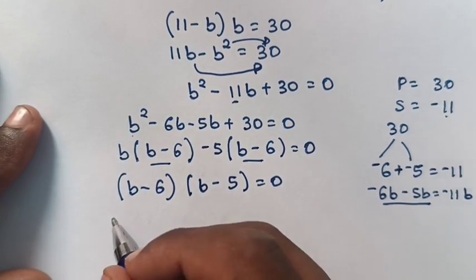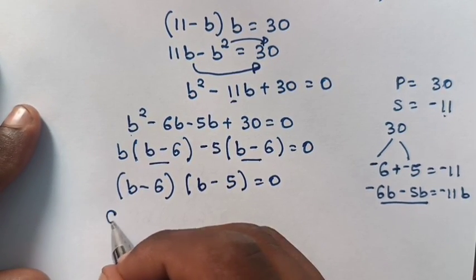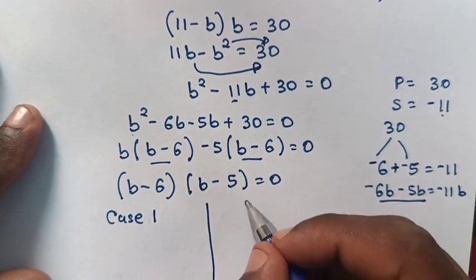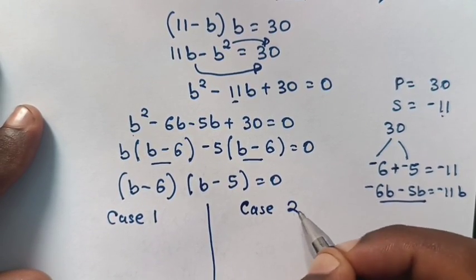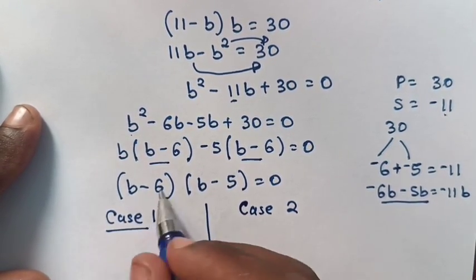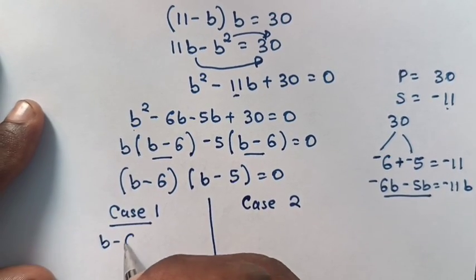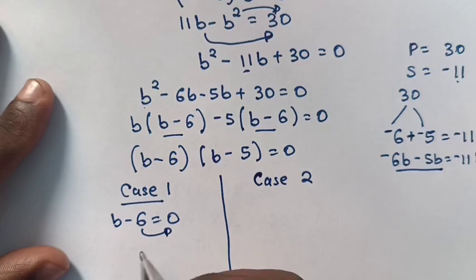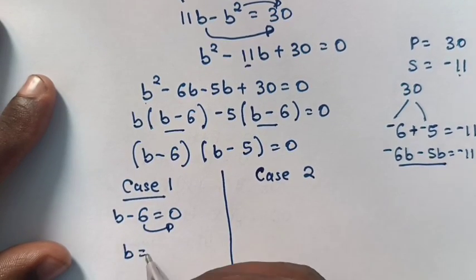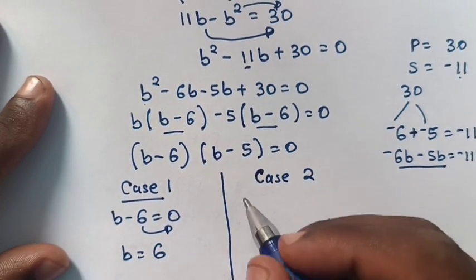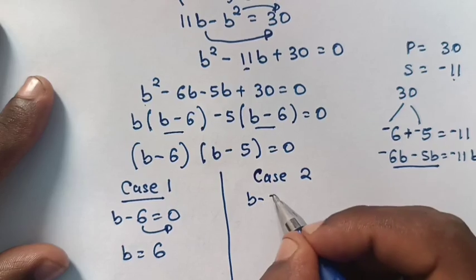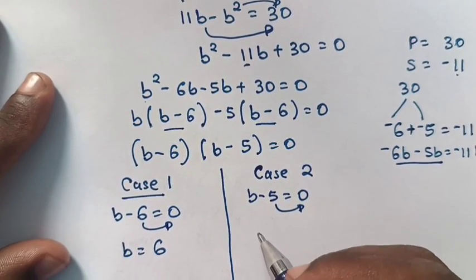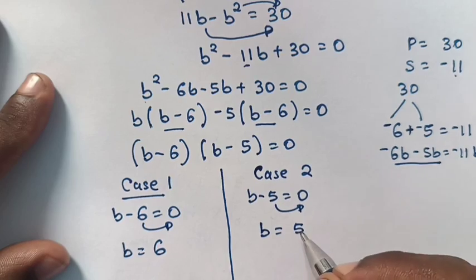Then to find the value of b, in case 1, b minus 6 is equal to 0. So this goes to the other side, so b is equal to 6. And in case 2, b minus 5 is equal to 0. This goes to the right side, so b is equal to 5.